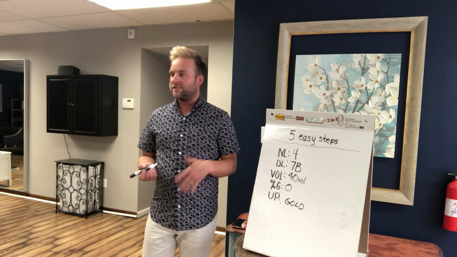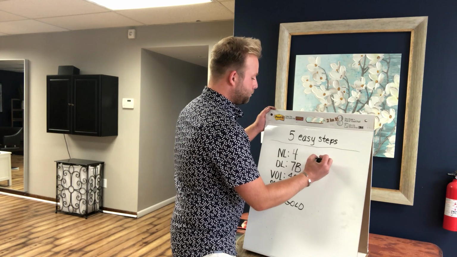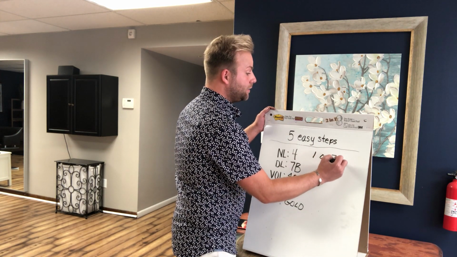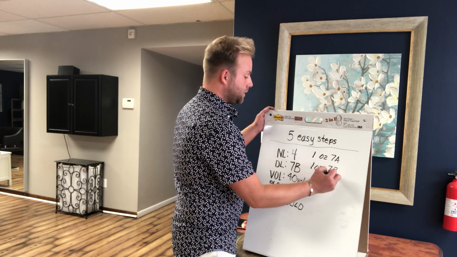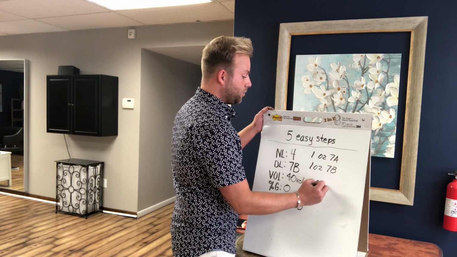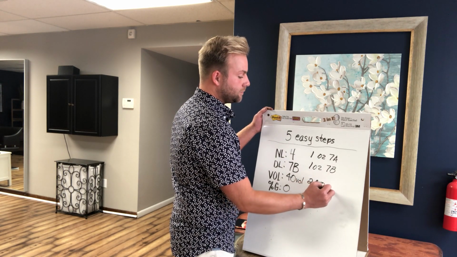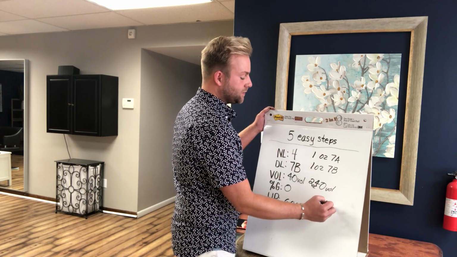So working in ounces, let's keep it pretty easy. You could add, let's say 1 ounce of 7A, 1 ounce of 7B, and your 40 volume would be 2 ounces. And no gray, so you'd process 30 minutes.